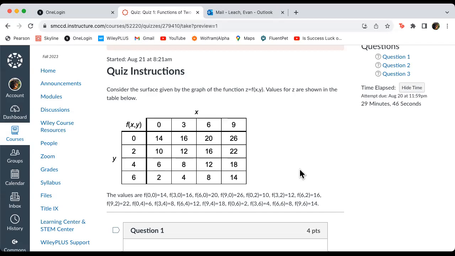And in the x direction, we went from 14 to 16, from 16 to 20, and then from 20 to 26. Here, the rate of change was not constant. From 14 to 16, we see an increase of 2, and then an increase of 4, and then an increase of 6. So here, our second derivative is linear, so it looks like we have a quadratic in the x direction.